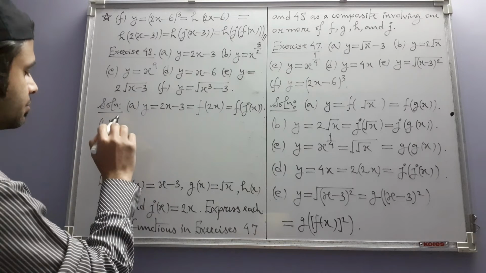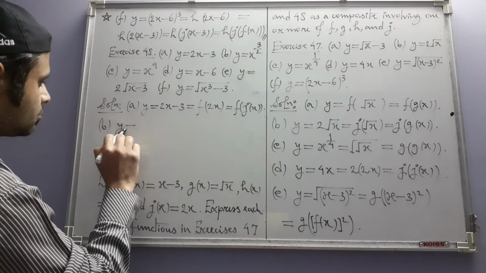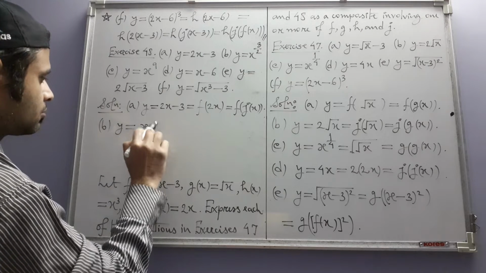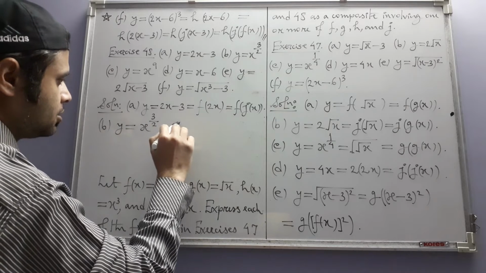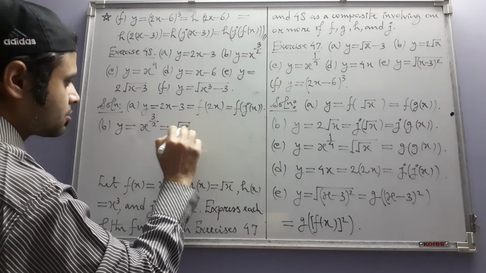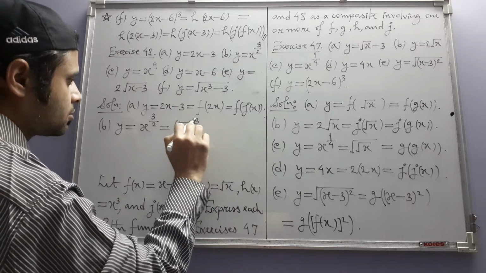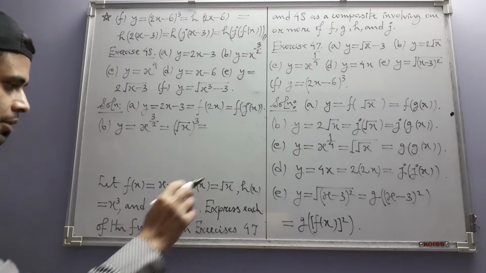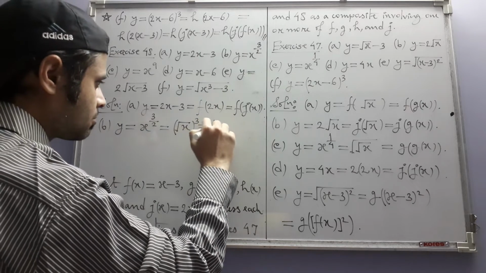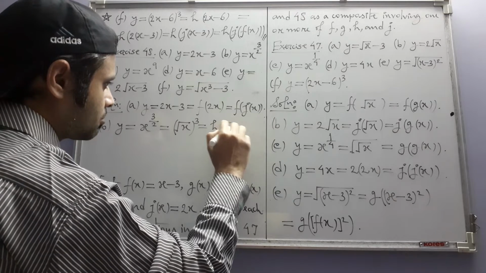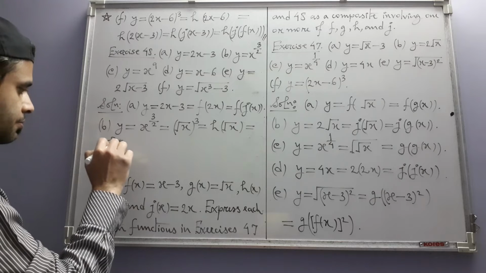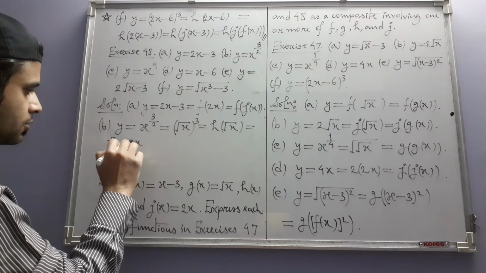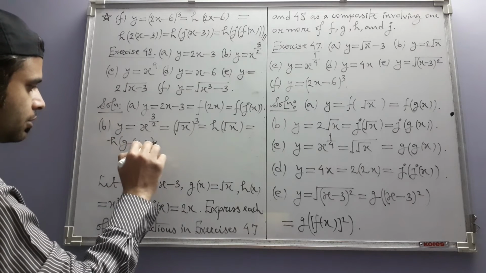B, now this is the cube of the square root of x. Cube means h, and square root is g, so h of g of x.